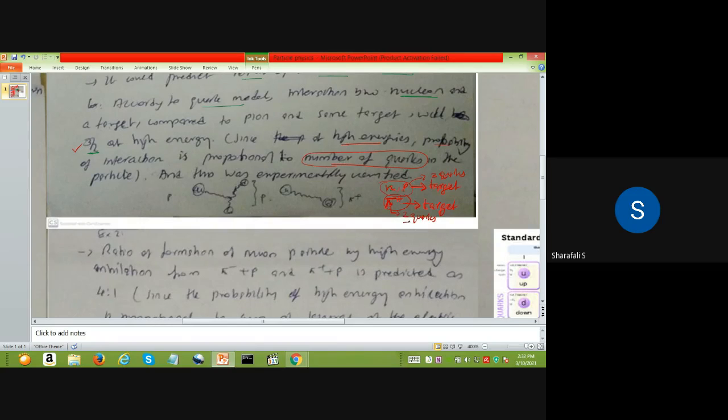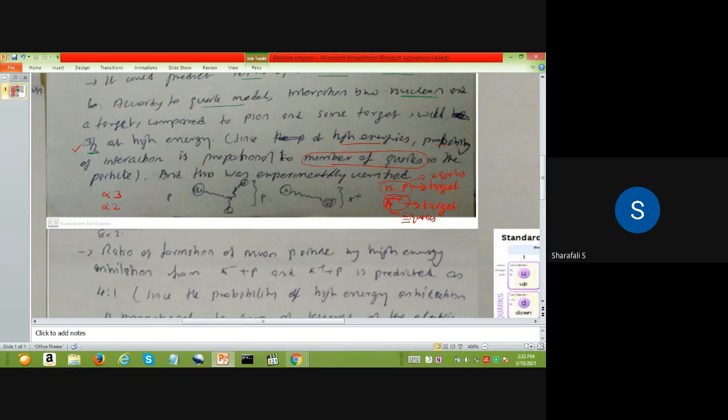So at high energy, the interaction is proportional to the number of quarks. Neutron and proton have 3 quarks, so the probability of interaction is proportional to 3. For the pions, we have only 2 quarks, so the probability of interaction is proportional to 2.